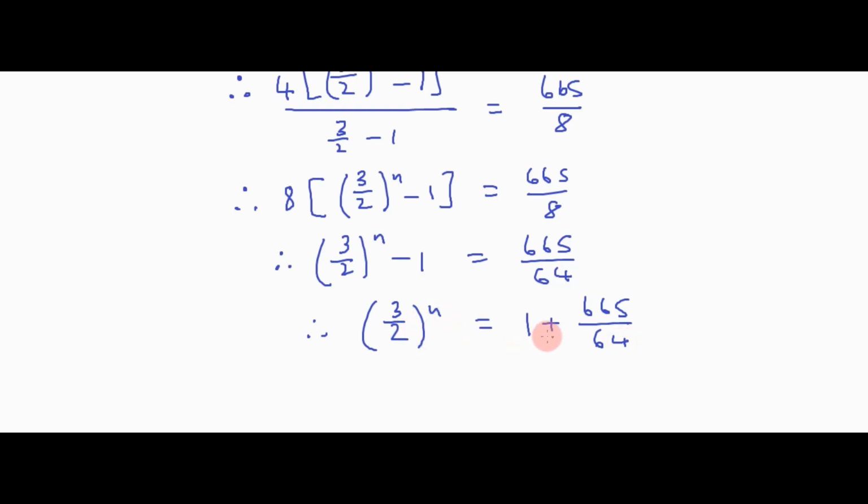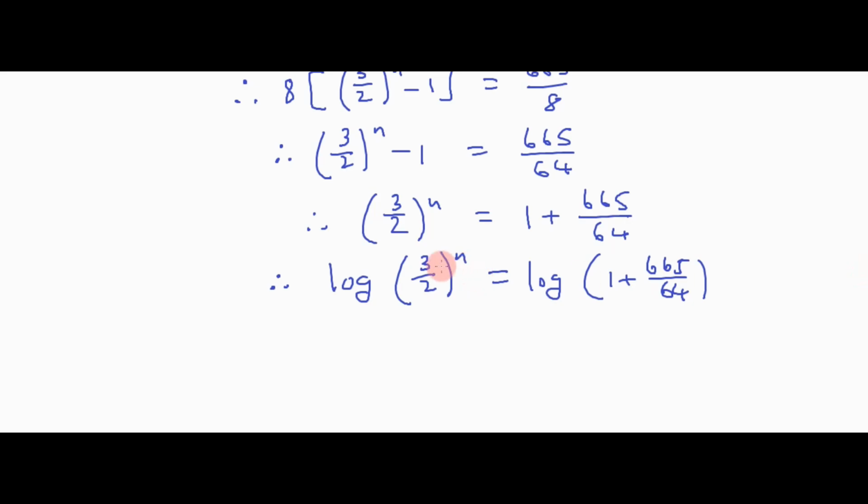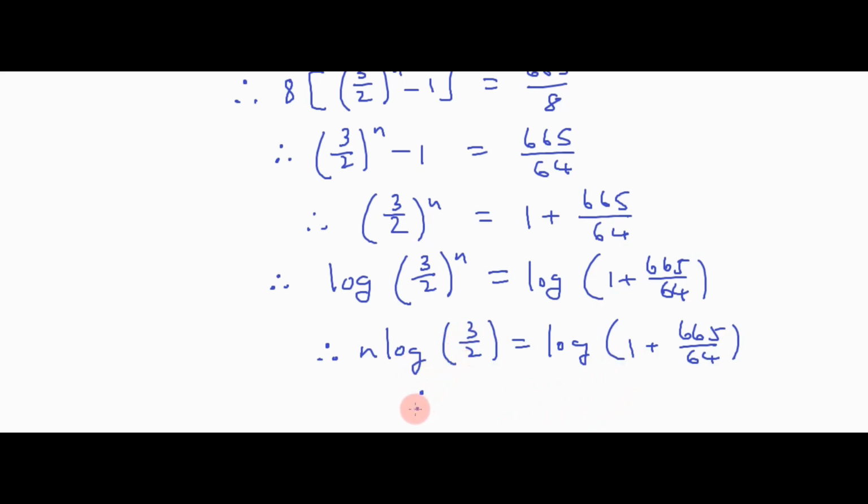And we need to solve for n in this exponential equation. So we can take the log on both sides. Then, using the log rules, the n can go in front of the log. And we can divide the log of 3 over 2 into the right-hand side.